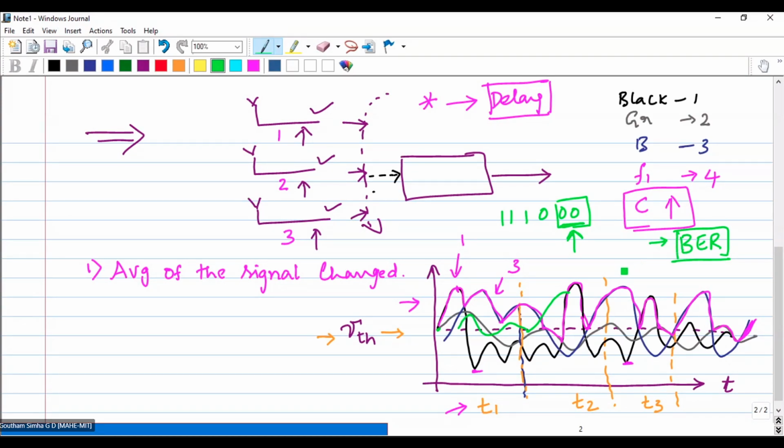Okay. Now, is this the optimized system? Is this the optimized way of handling the situation? No, definitely not. Then what could be the optimized way? We will discuss that. Now, the delay part, when there is a delay, because of the delay, the signal might shift. It doesn't matter if the signal is shifted. Based on the average SNR above the threshold, then only it will be selected.